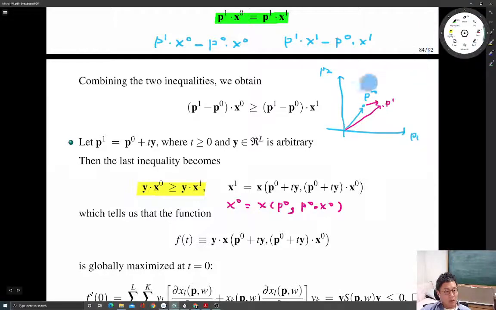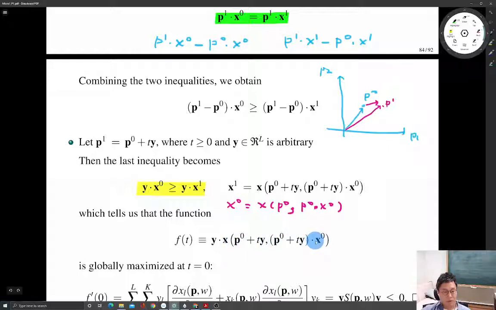Alright, so now I'm going to transform this inequality into another inequality in terms of this function f. Let me define this function f as a function of t. This function f of t is defined as y dot this choice function.